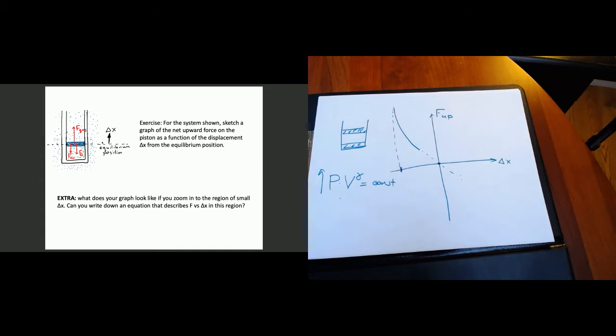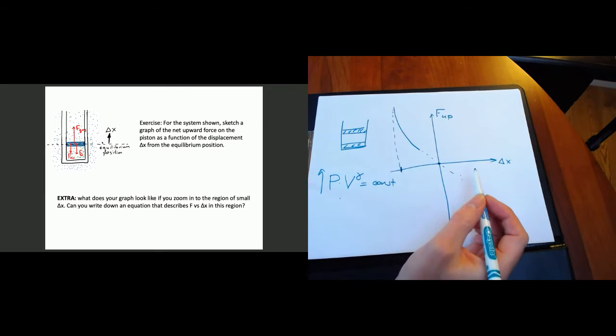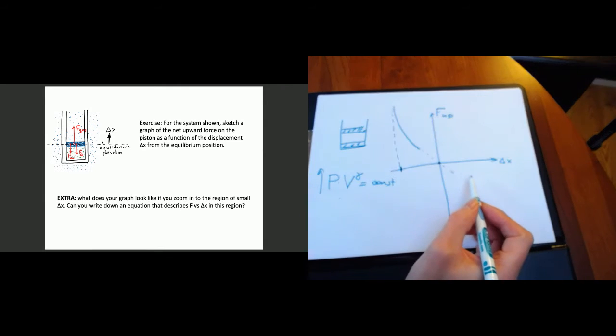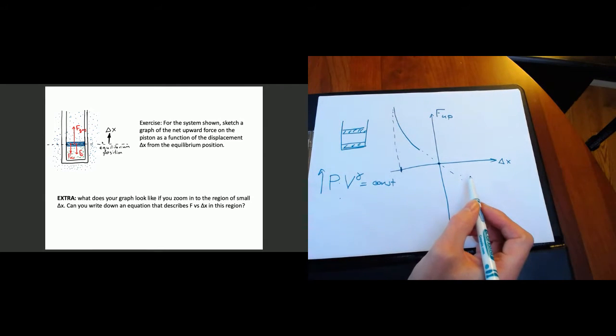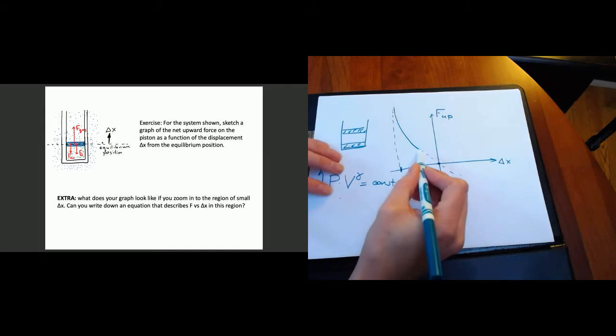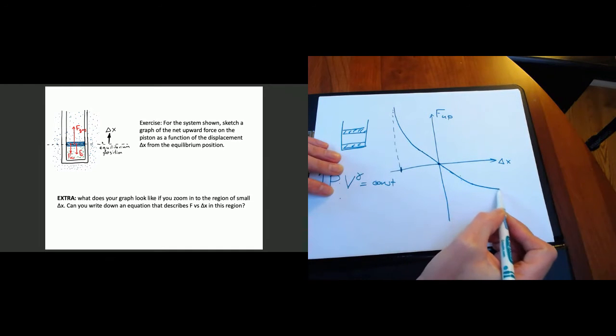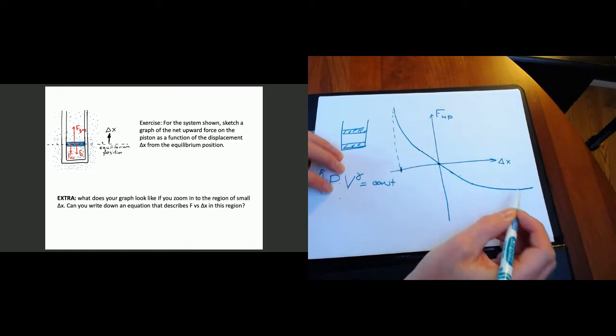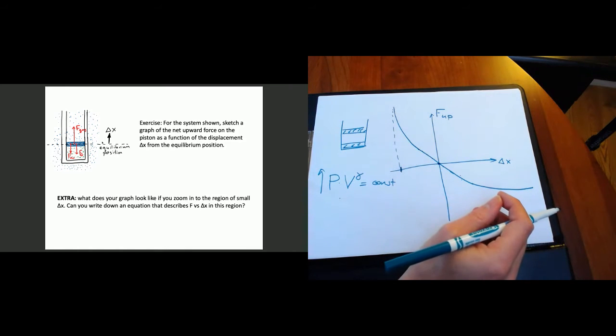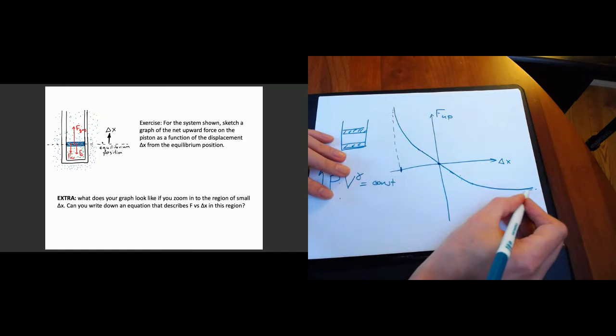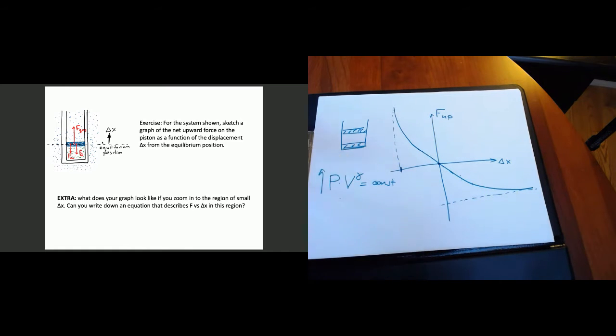The force of the outside gas and the force of gravity remain the same. And so for large values of the displacement, our upward force is negative, and it's just the contributions of gravity and the outside air pressure. So we expect that we're going to eventually approach some constant downward force, which is from gravity and the outside air pressure. So you actually expect to have some kind of horizontal asymptote.